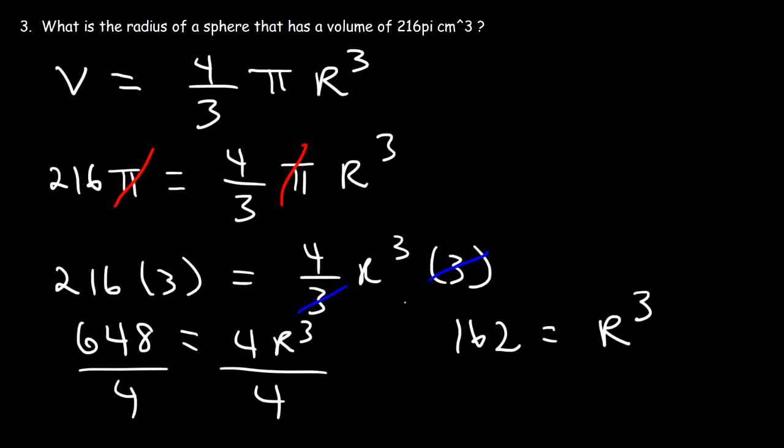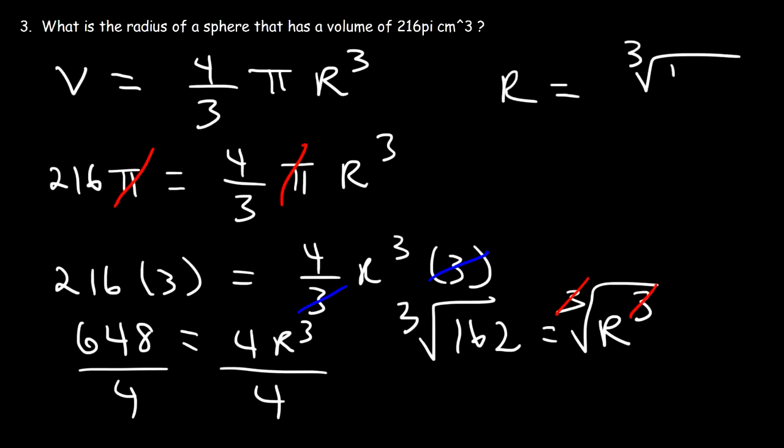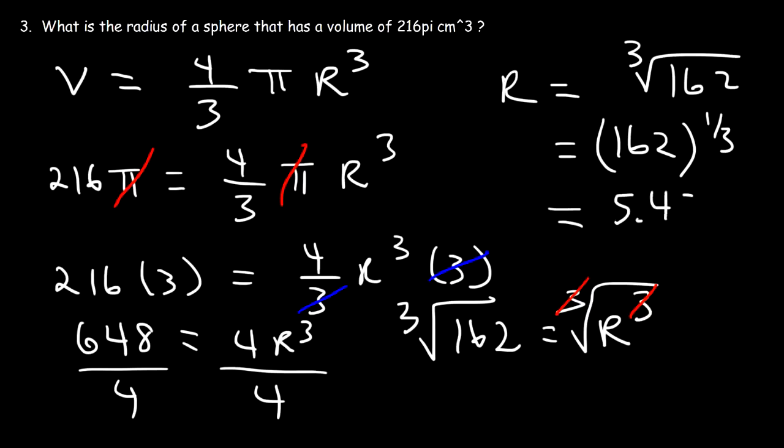So now we need to take the cube root of both sides. So these will cancel. And so r is equal to the cube root of 162. Now you can type this in your calculator as 162 raised to the 1/3 if you want to. And you should get about 5.45, and the units will be centimeters. So that's the length of the radius of the sphere. That's how you could find it.